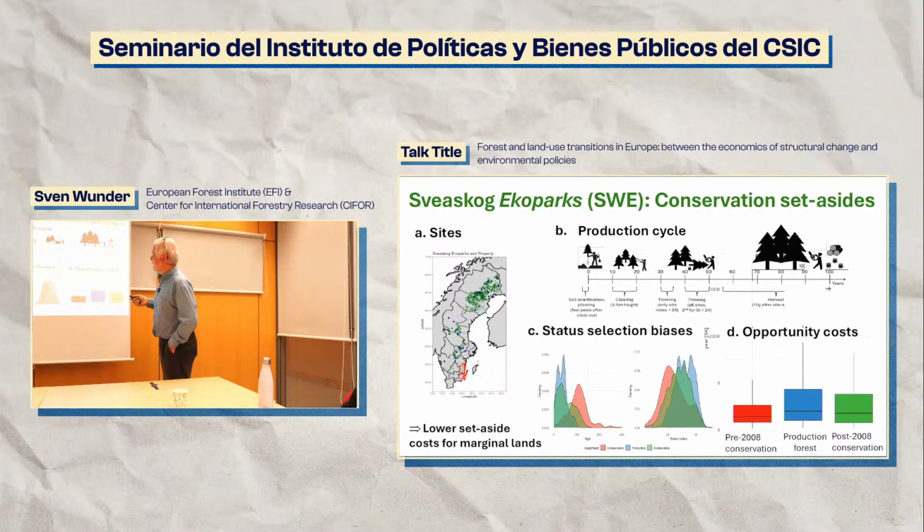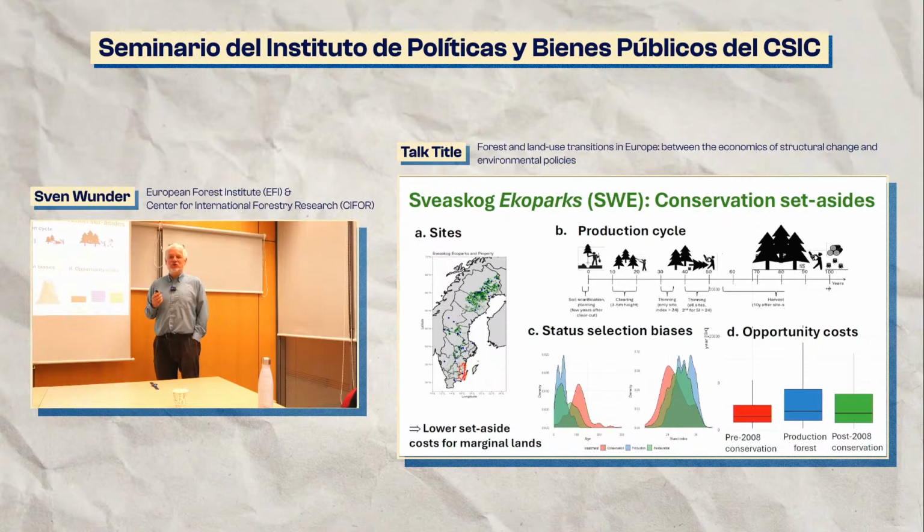So what we did find on that basis, there were some old set-aside areas, some new ones, and some production forests. And what we can see is both the old reserve areas and also the newly set-aside areas don't have the same productivity as the average production areas. And we asked, and Sveaskog said, that's not on purpose.